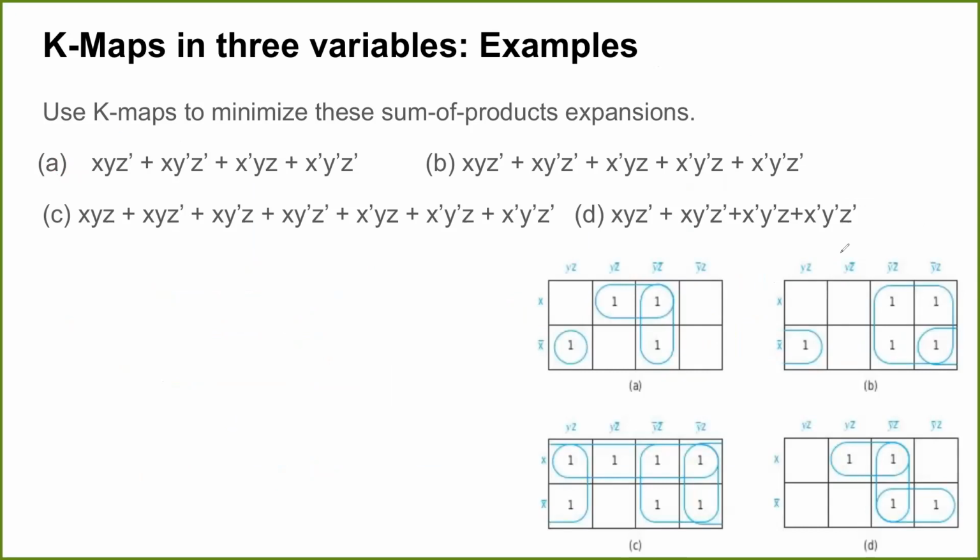I had just exchanged these two terms. I just swapped these two in my notation. So tell me the equivalent expression for this. First of all, when I group these two, what term do I get? So I have x prime y z and I have x prime y prime z. What is the term I get from this?